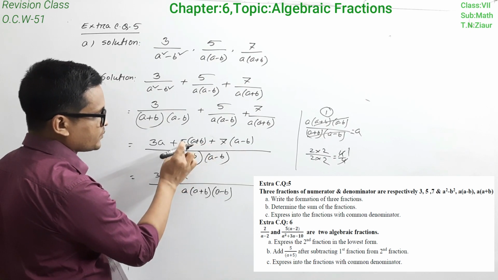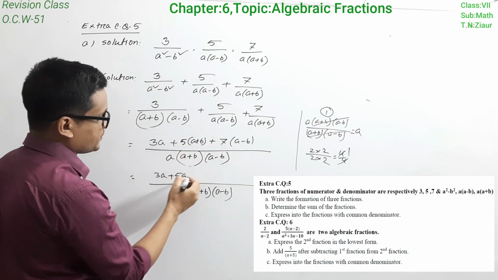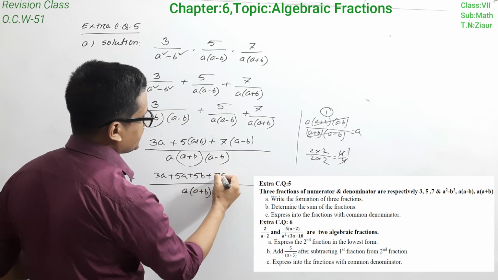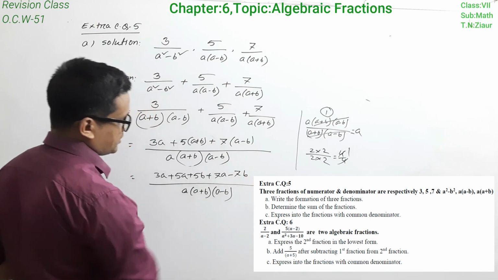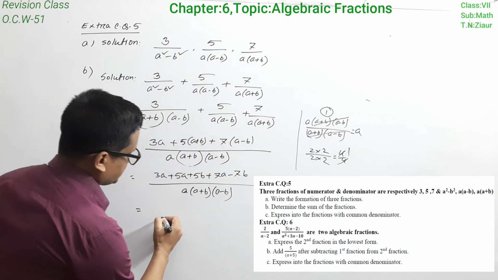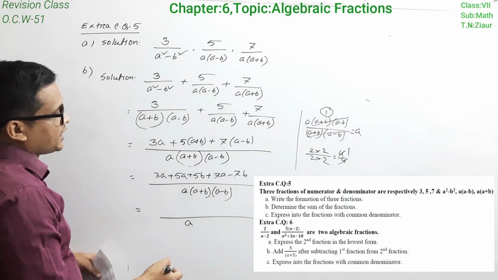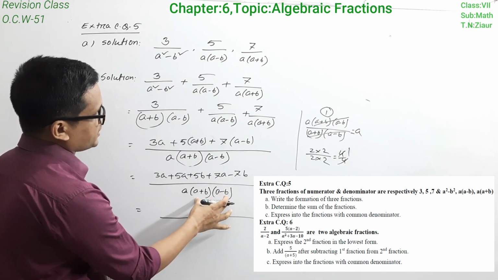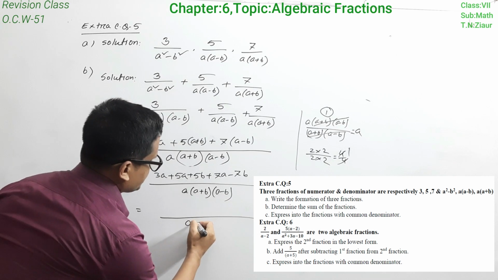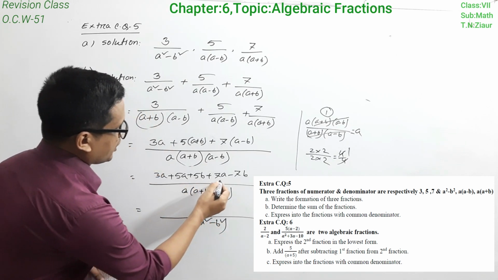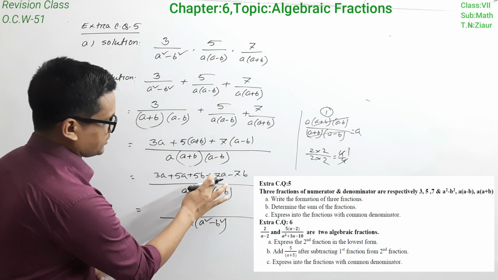This 5 is multiplied with a and a plus b, so 5a plus 5b, plus in the same way 7a minus 7b. Students, now what is the LCM? a plus b into a minus b. Now we can write a square minus b square, because a plus b into a minus b we know is a square minus b square.